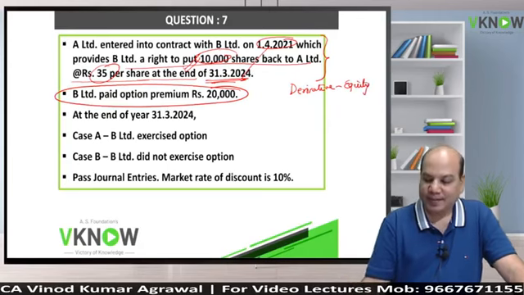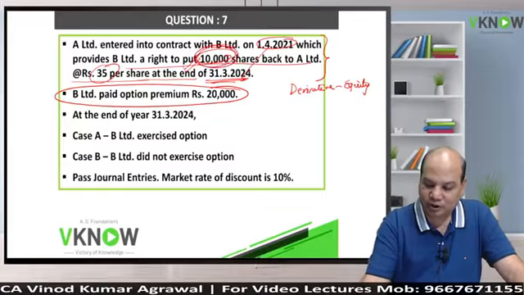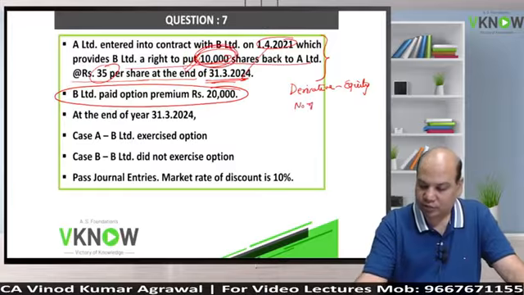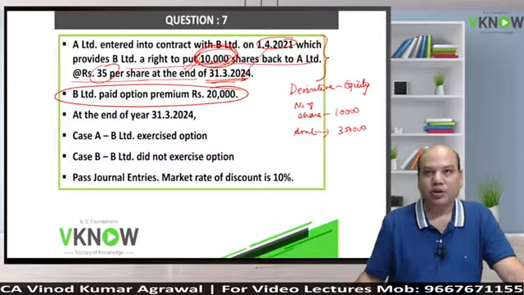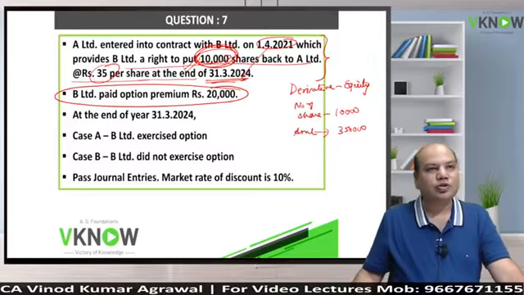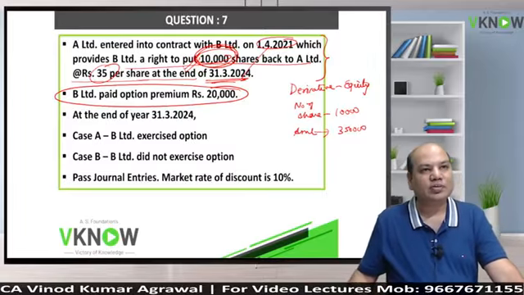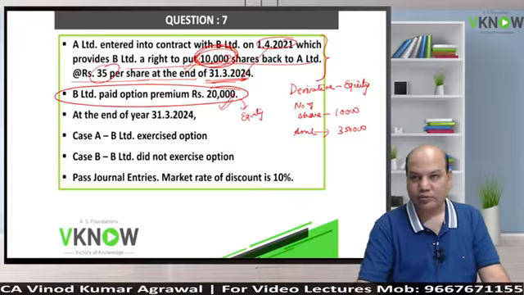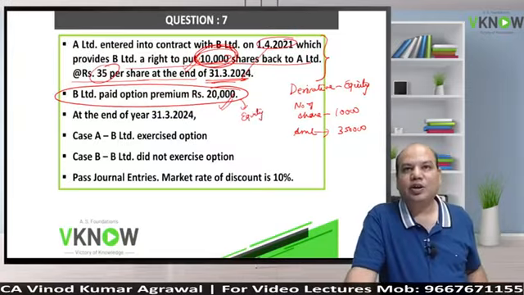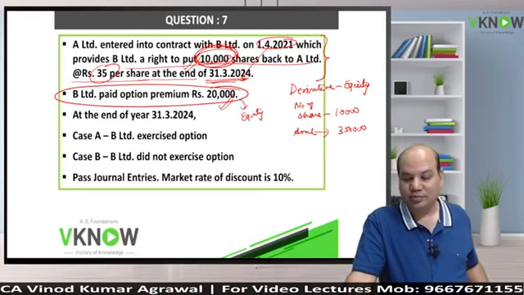Fixed number of shares, 10,000. Amount is fixed, 3,50,000. Is it right? So this instrument will be called a derivative equity instrument, not liability. So the premium received will also be transferred to the equity account. Premium will also be treated as an equity item.